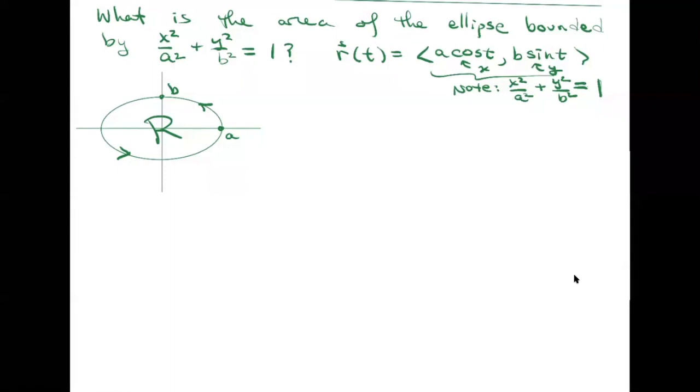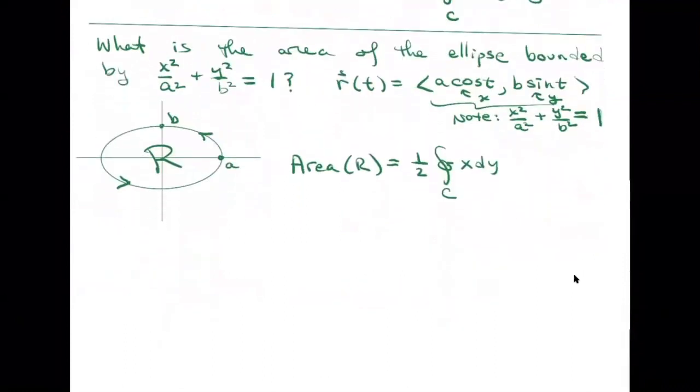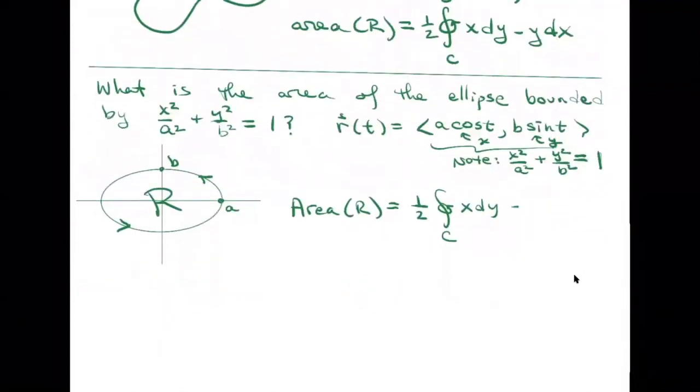Okay, so the area of R, according to our theory, is 1/2 the integral over the boundary of x dy minus y dx.